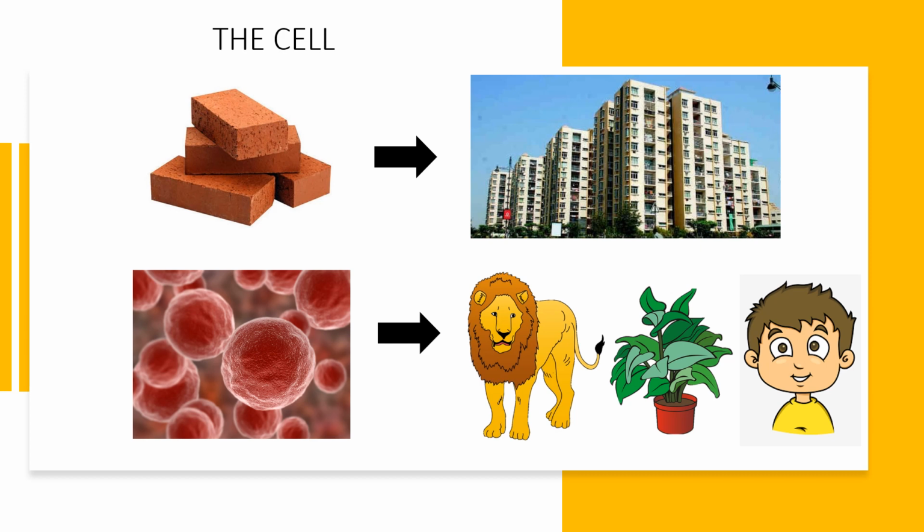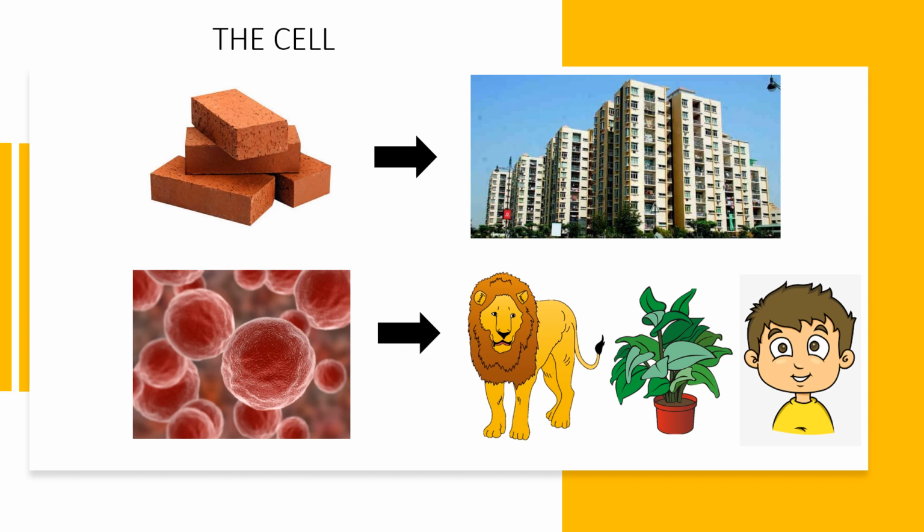Cell. First of all, what is a cell? Before going to what is a cell, let us see why I have kept this pic here. In the first picture we can see some bricks, and in the second picture we can see buildings. So what is the link between brick and building? Bricks are assembled to make a building, and down in the place of bricks I kept cells, and in the place of buildings I kept living organisms.